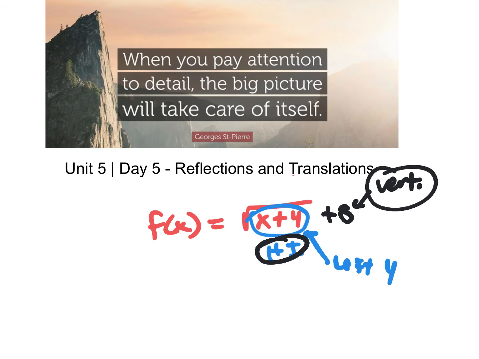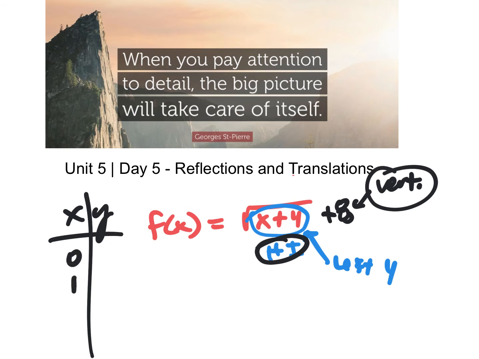Next, if I wanted to take this exact function here and find some points on it, if I make an XY table, that is your best friend in graphing. Now, a real typical scenario is you put in 0 and 1, but it also is really smart to put in a number that makes the inside part 0.